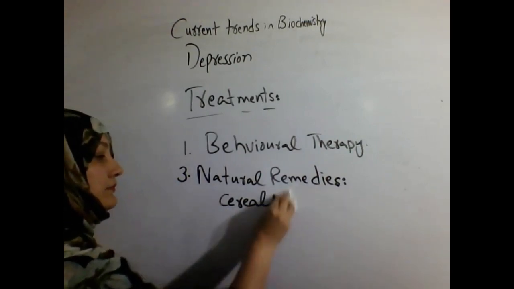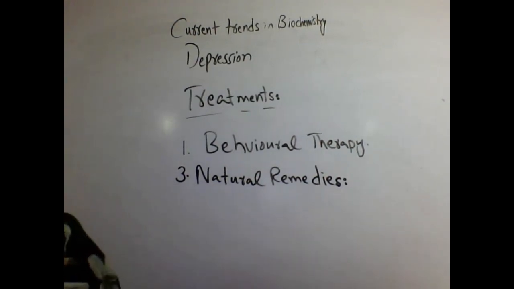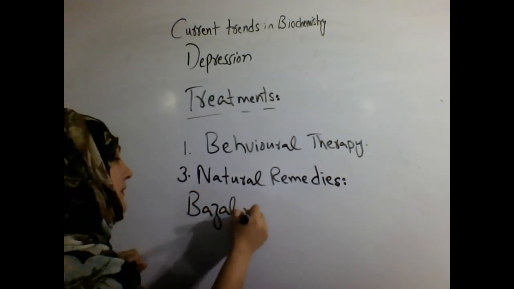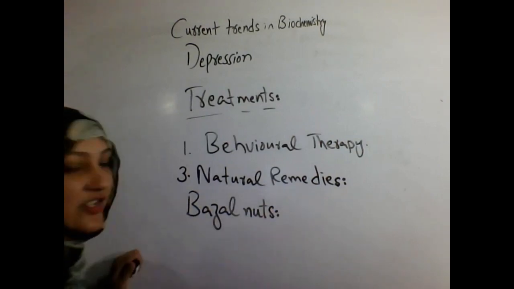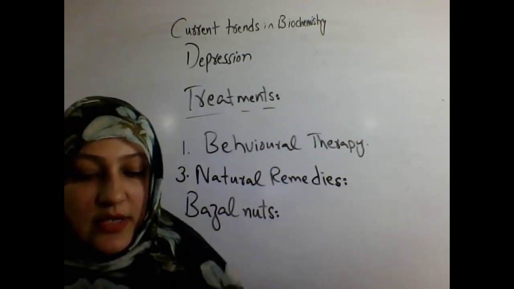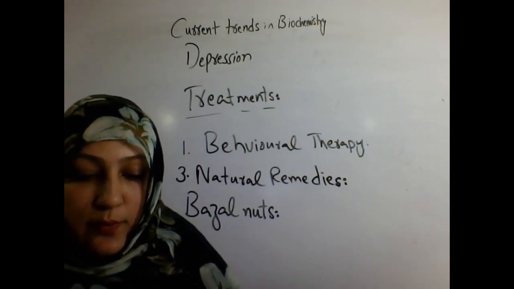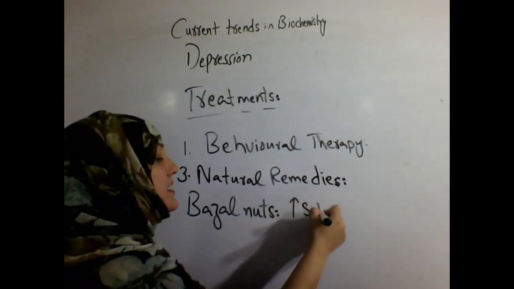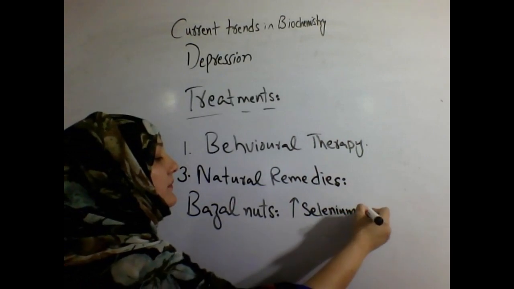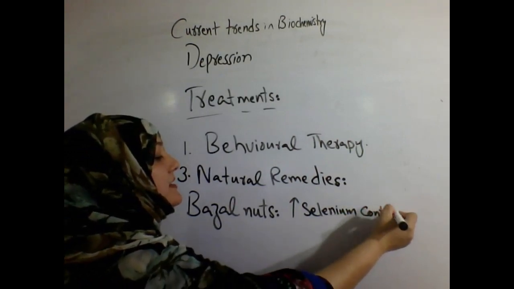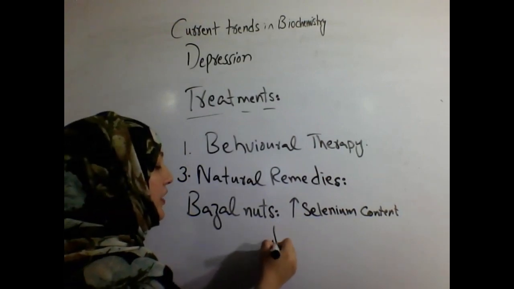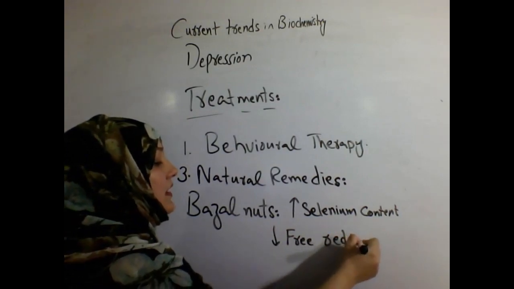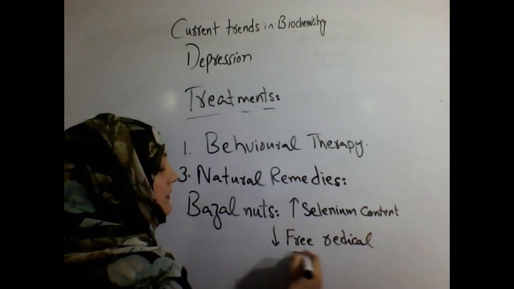Next one is Brazil nuts, especially, but also sunflower seeds, seafood, and brown rice. They are high in selenium content, and this selenium is used to reduce the free radicals which can cause depression.